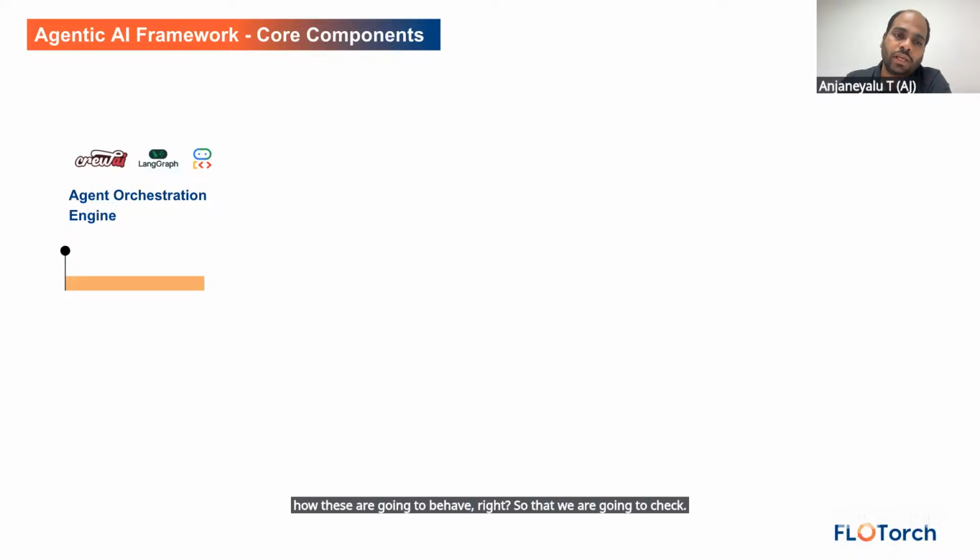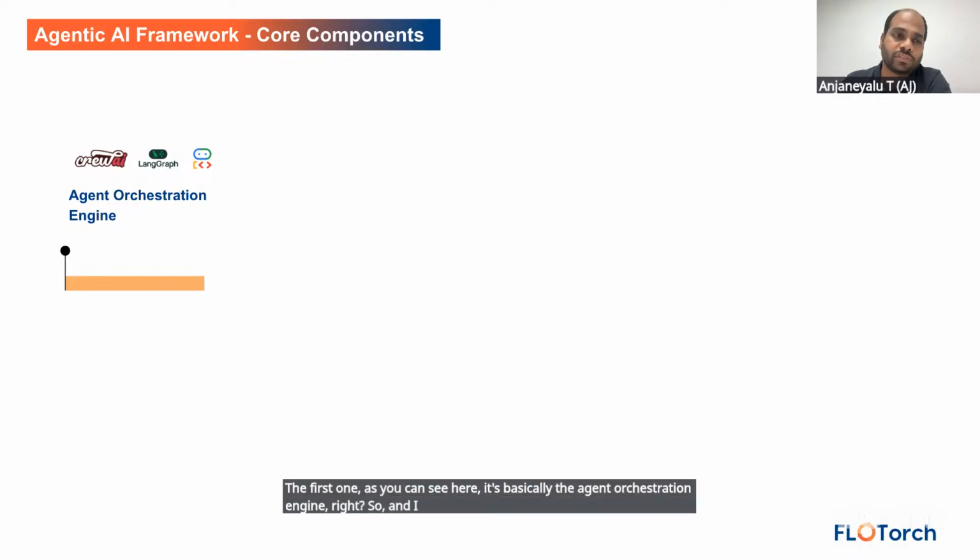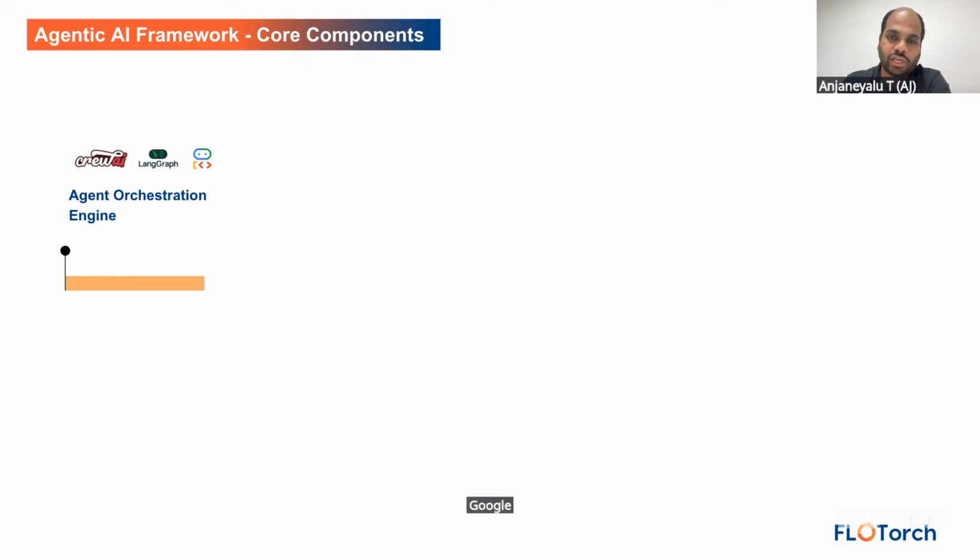The first one, as you can see here, is the agent orchestration engine. I have given a few examples that you can use, such as CrewAI, LangGraph, or Google ADK, which in our case we are going to use.